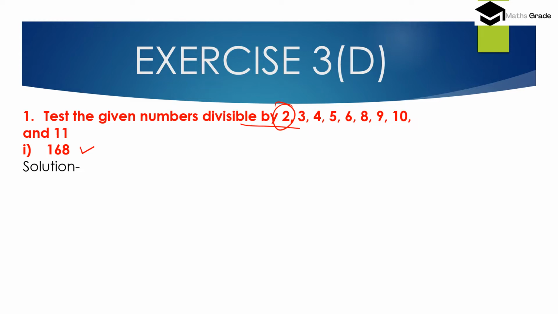We know any number is divisible by 2 if the last digit, that is the unit place digit, is 0 or an even number.